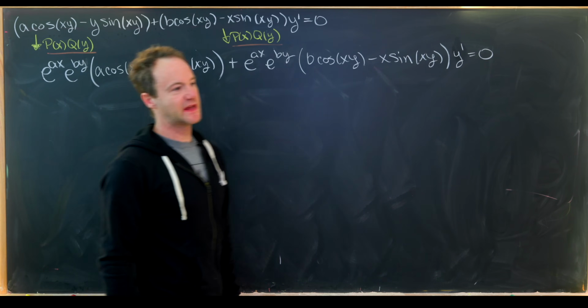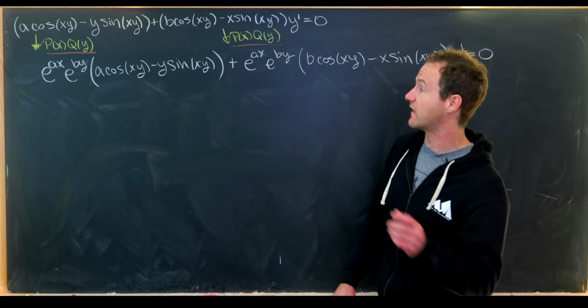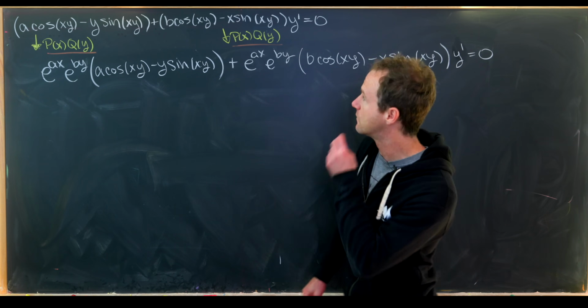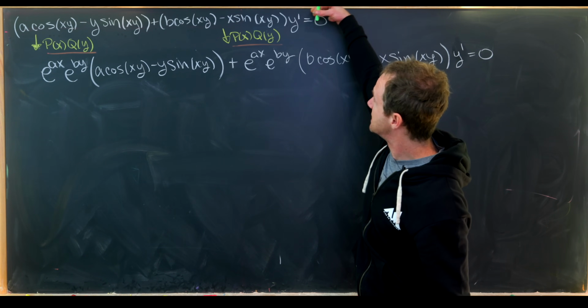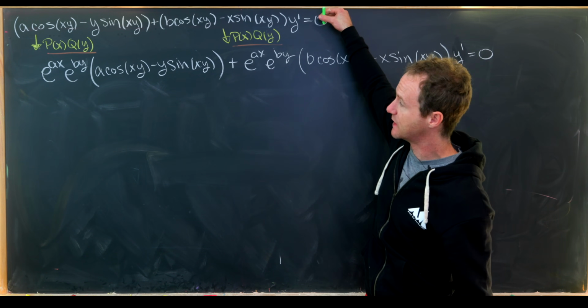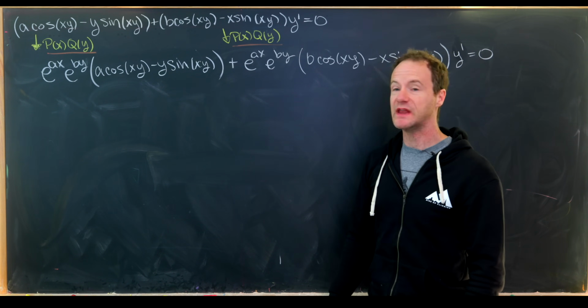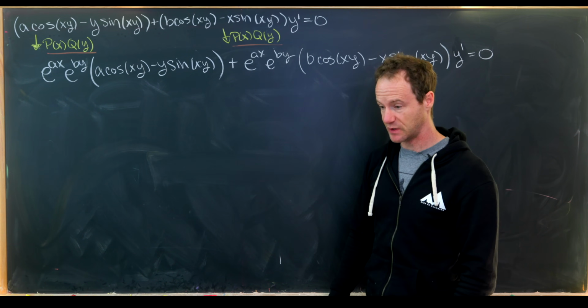Okay, so we've done it. We calculated our integrating factor mu, which was p of x times q of y. Now we're guaranteed that when we multiply our original differential equation by this integrating factor, we have an exact differential equation.